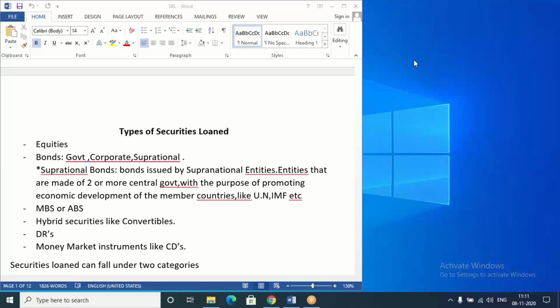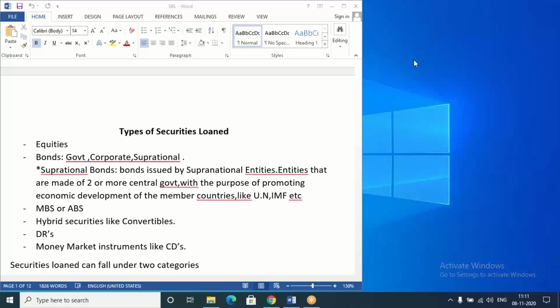Debt securities which can be converted to equities. Exactly. Convertibles are those securities that can be converted into equity. Then your depository receipts, and your money market instruments like certificates of deposit. So these are the types of securities that can be loaned by the lender.